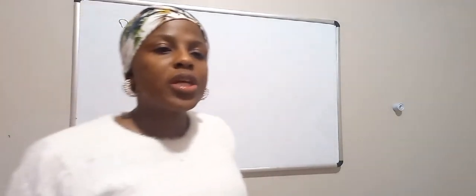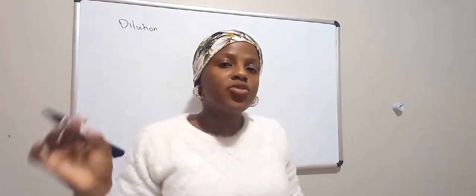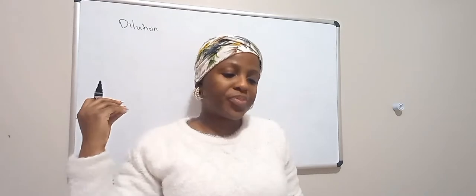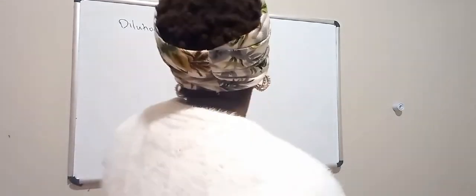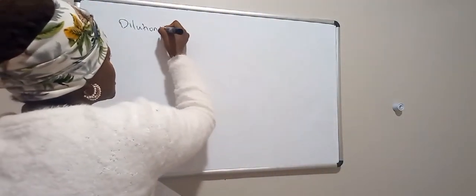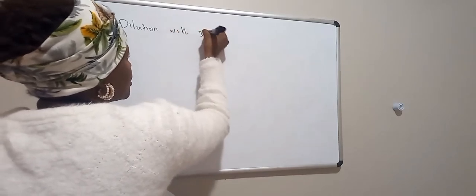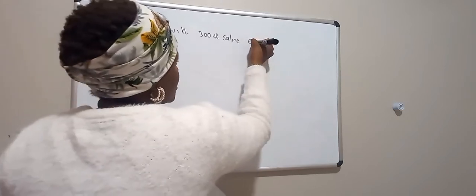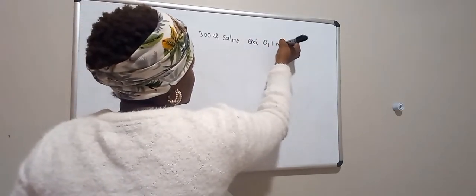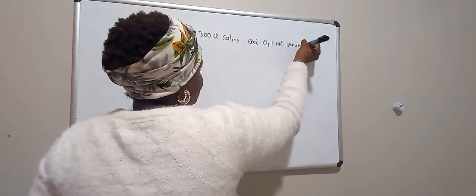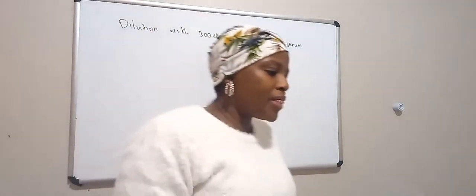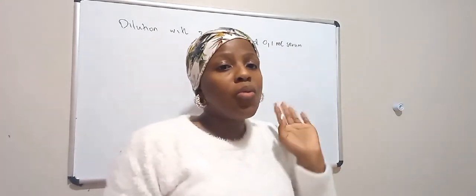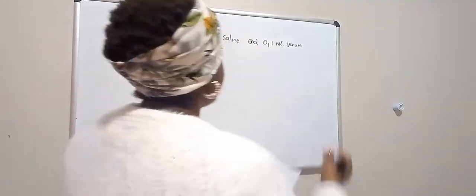So this dilution that you have made, you have mixed 300 microliters of saline with 0.1 ml of serum, and then a serum urea of 5.7 was obtained from the dilution that you have made.